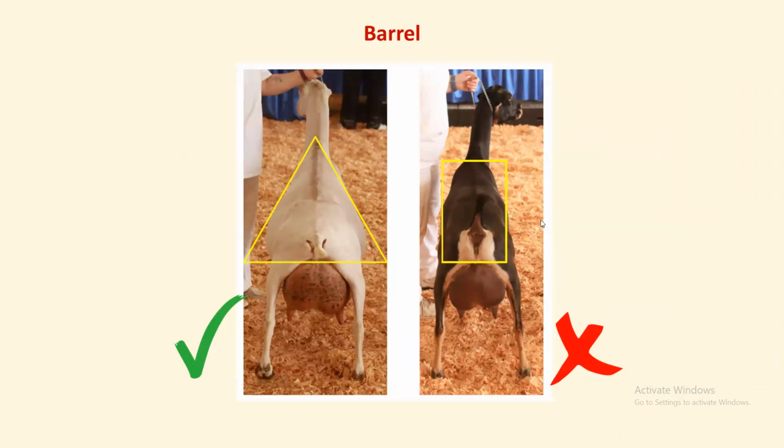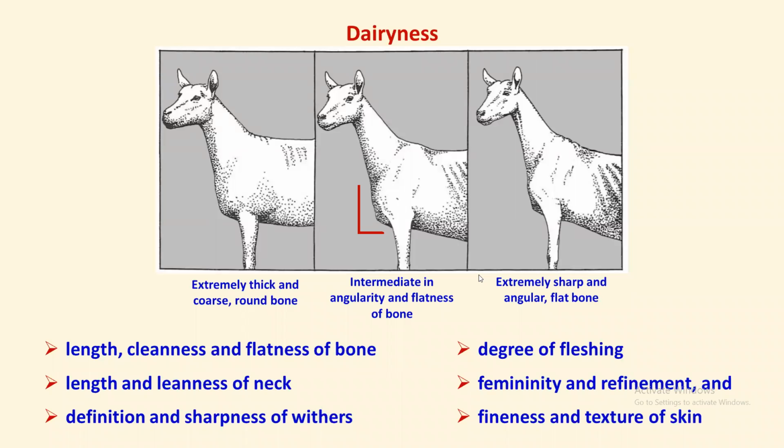From the top view, if you see the barrel part in the milk animal, it will have this triangular pattern. The animals which are not showing the triangular shape will not be the best does for your herd. This is the same thing, how it is showing the triangular.